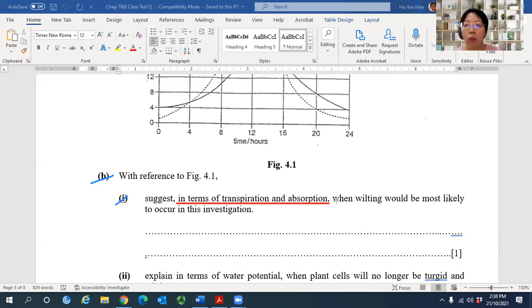When will wilting be most likely to occur in this investigation? Of course, the plant will wilt when the amount of water absorbed is less than the amount of water being lost by transpiration.